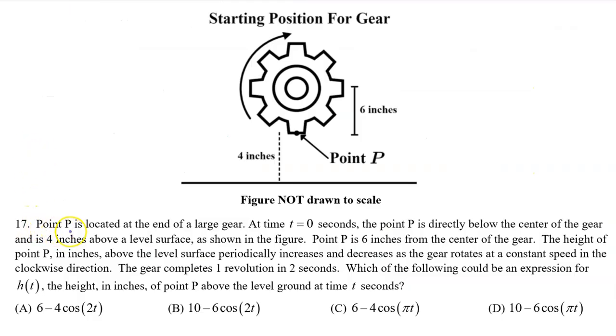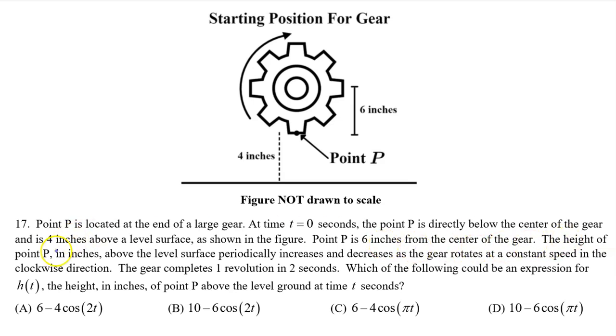Number 17. Point P is located at the end of a large gear. At time t equals 0 seconds, the point P is directly below the center of the gear and is 4 inches above a level surface, as shown in the figure. Point P is 6 inches from the center of the gear.